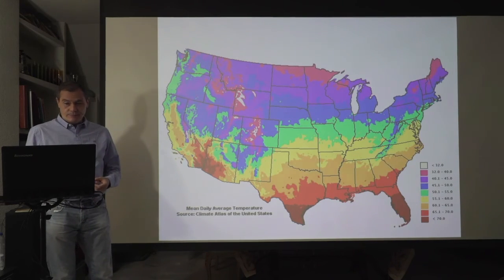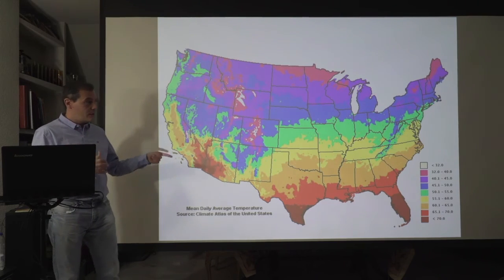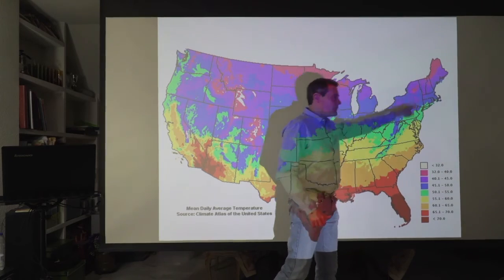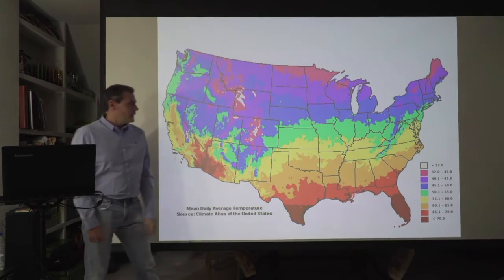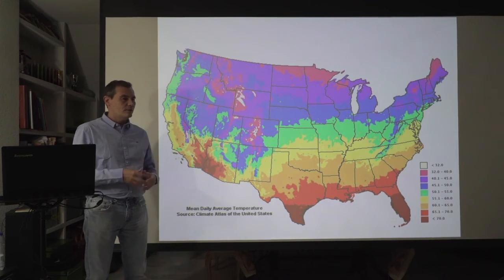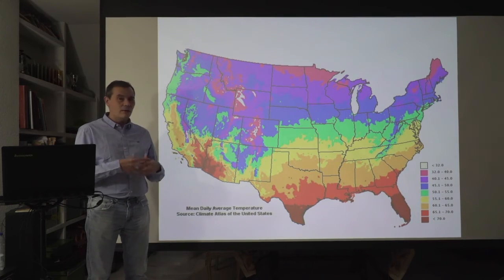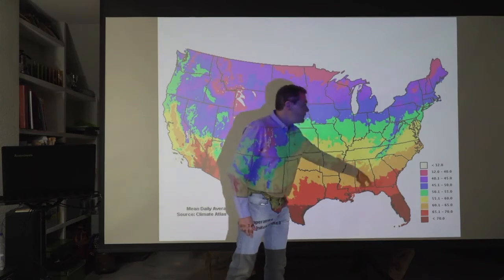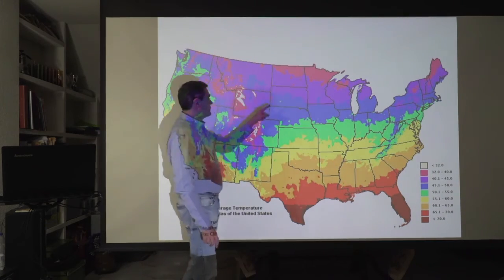And we need to understand where we are. We are in the United States, in New Hampshire, because we cannot design a building without looking at the location. A building in Florida shouldn't be the same as a building in Canada or in the Rocky Mountains.